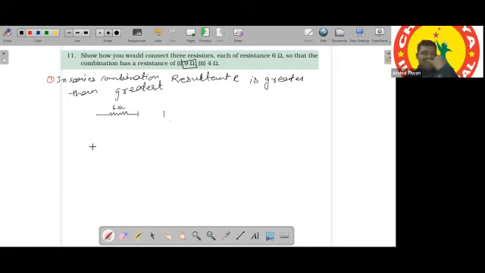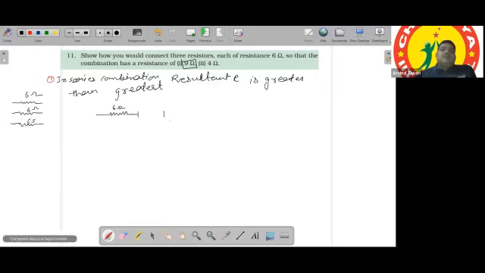So Manan, how can we connect them to obtain an equivalent resistance of 3 ohm? You have 3 resistances, each of resistance 6 ohm. Out of these 3, one I have utilized over here.